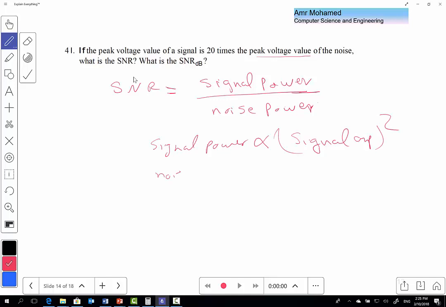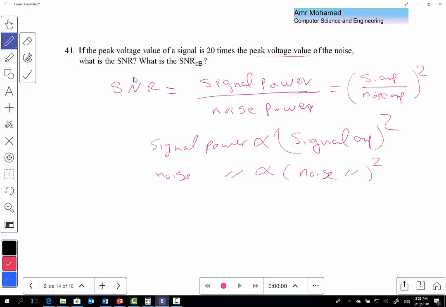Similarly, noise power is proportional to noise amplitude square. Which means that this ratio is actually the signal amplitude divided by the noise amplitude, squared.